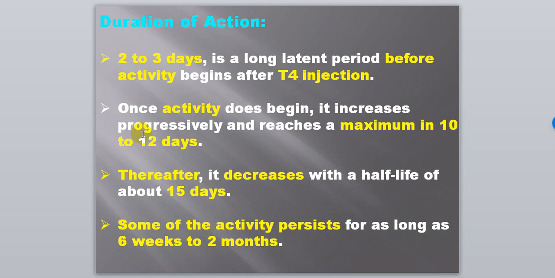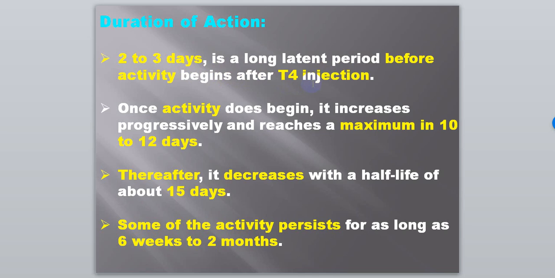Duration of action. These hormones can reach the target tissue. What happens in the target cells? 2 to 3 days is a long latent period before activity begins after T4 injection.